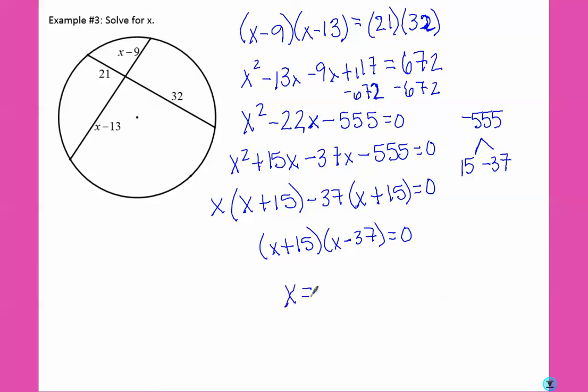So x equals negative 15 and positive 37. Now, if I plug 37 in for both of these x's, I get positive values. But if I plug in a negative 15, it's not going to work. So again, that's an extraneous solution. And we have x equals 37. That's my one final answer.